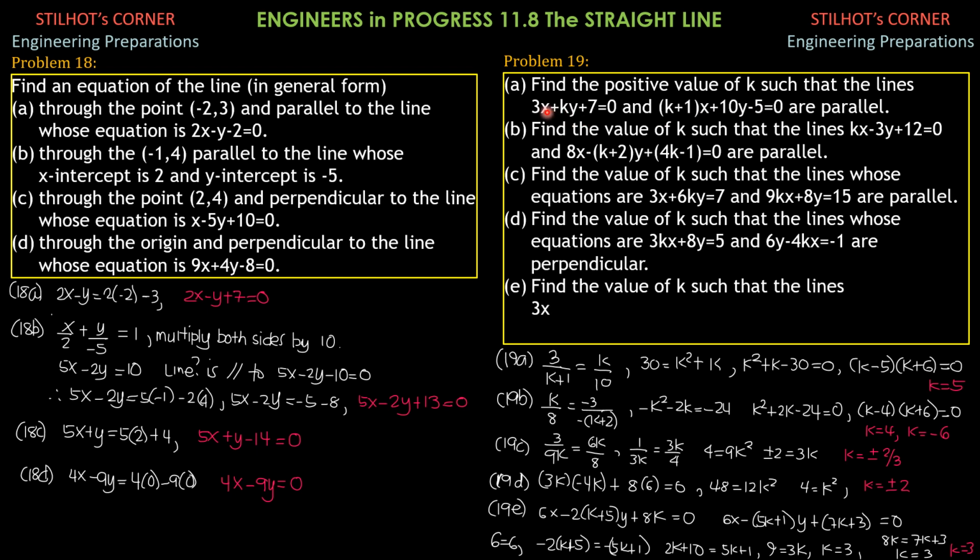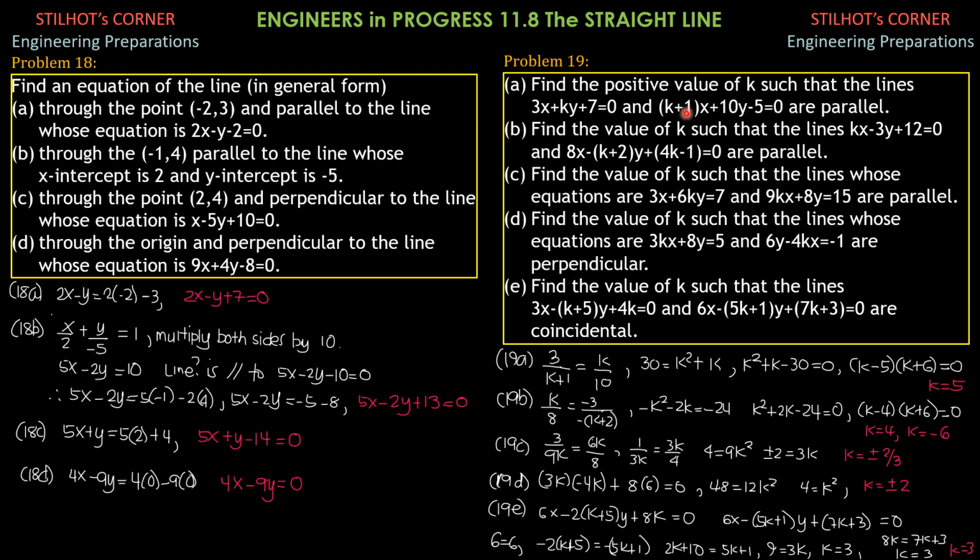So the coefficient of x here is 3 and the coefficient of x here is k + 1, the coefficient of y is k and the coefficient of y is 10. So 3 over (k + 1), that's the ratio of corresponding coefficients of x, over k over 10 should be equal.